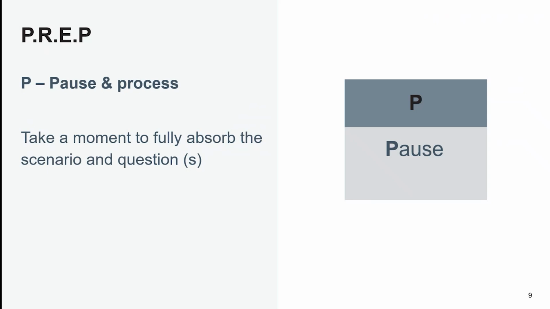Because you're under a pressured situation, you might find it useful to take a couple of notes to help you formulate your response. And that might help you with this bit where you take a moment to fully absorb what is being asked of you in that scenario.